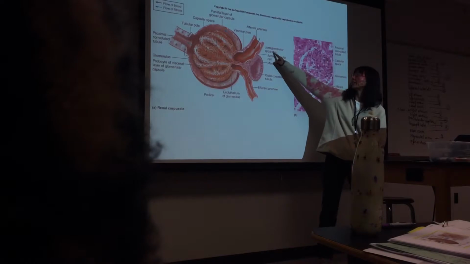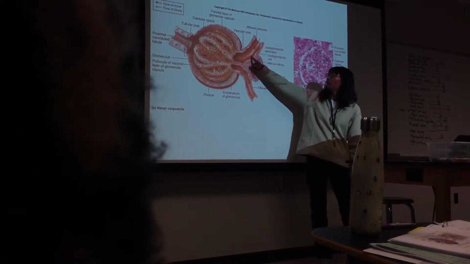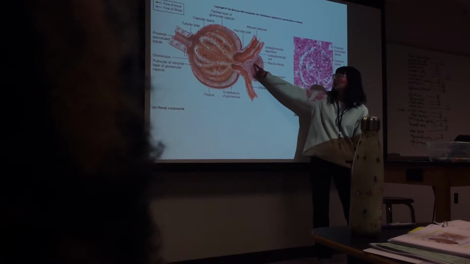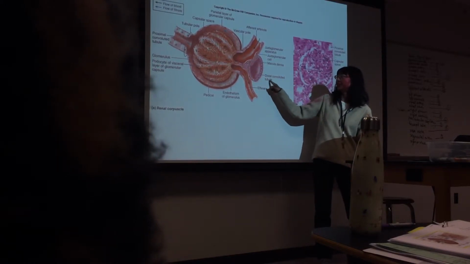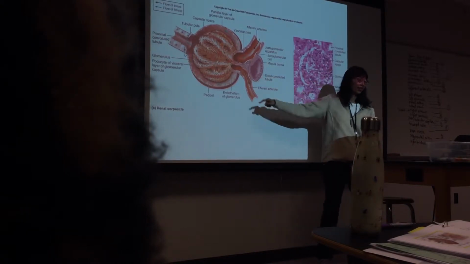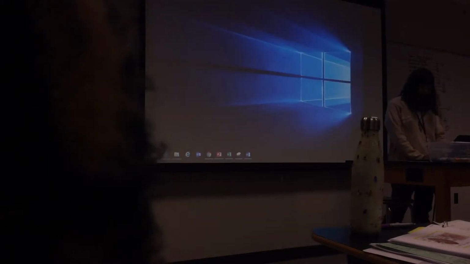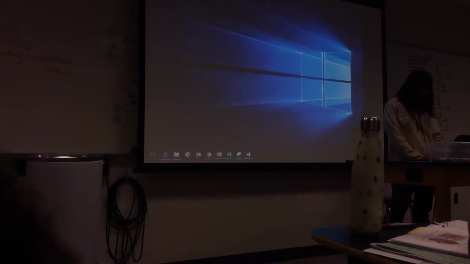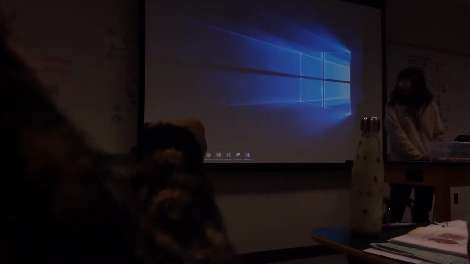The juxtaglomerular apparatus is made up of the walls of the afferent arteriole and the wall of the distal convoluted tubule, this whole thing. Okay? All right. And like I said, running through this really fast because we did most of this already. Okay, so that's about it for the kidney.